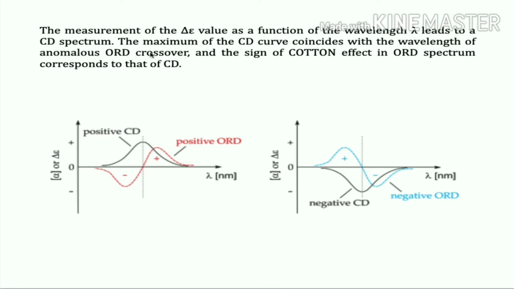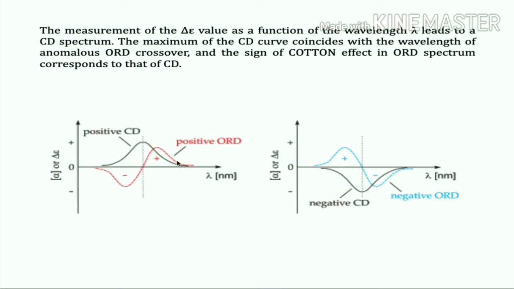Here you can see the maximum of the circular dichroism curve coincides with the wavelength of the anomalous ORD crossover. So this is the ORD crossover, and you can see this maximum of the CD spectrum just coincides with this crossover of the anomalous ORD spectrum, and the sign of the Cotton effect in the ORD spectrum corresponds to that of CD.